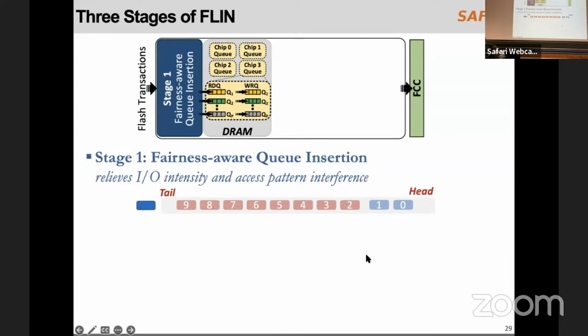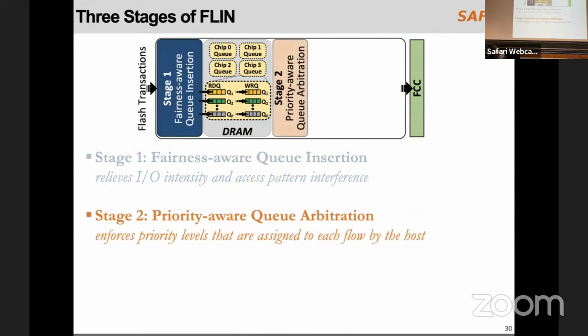When we receive a request which belongs to a low-intensity flow, we just insert it at the head of the queue. We don't naively put it at the end of the queue. So we apply an insertion policy here, and that can also be reordered if needed.